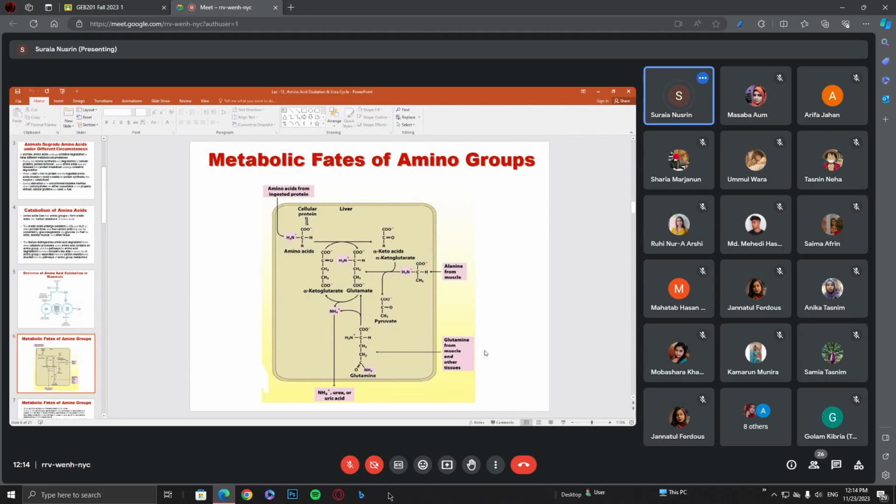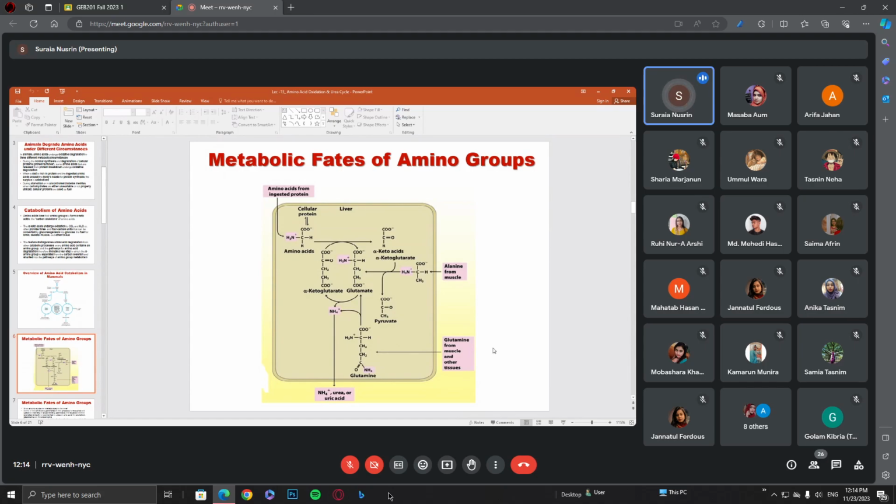Okay, next one, again other amino acids, which are coming from other tissues, even from muscle, are entering the liver as glutamine. So glutamine is collecting the amino groups from different tissues and delivering the amino group to the liver.